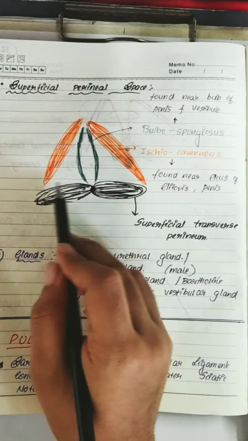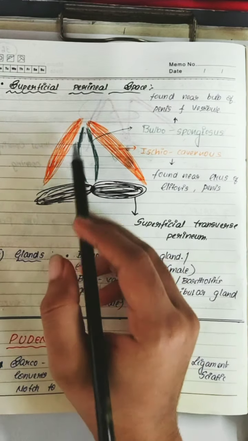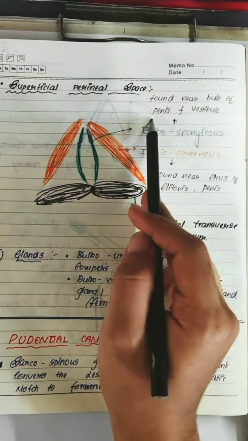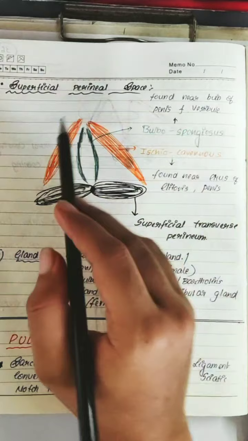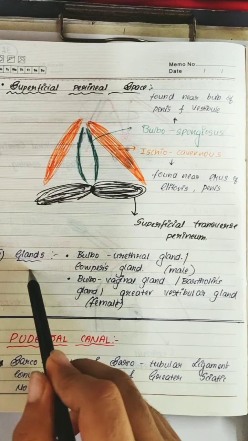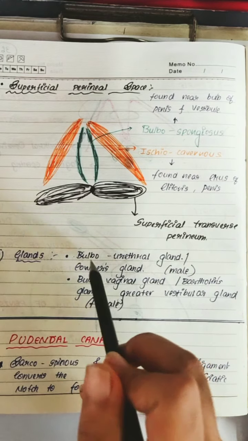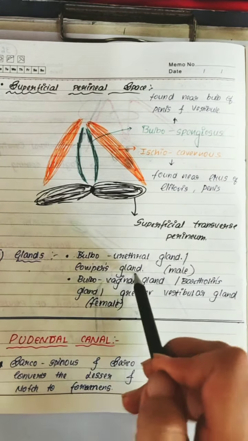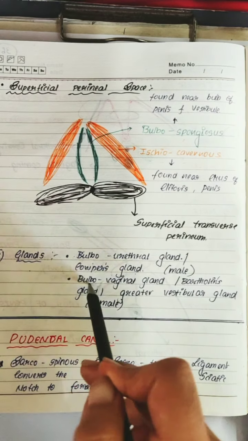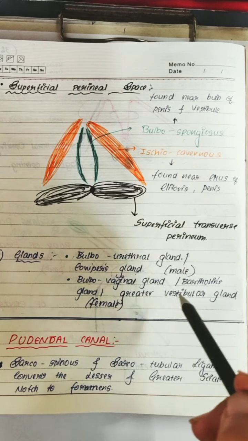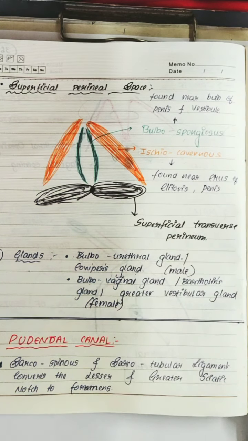So superficial transverse perineal muscle, bulbospongiosus muscle, which is found near the bulb of penis or the vestibule in both male and female. So there is ischiocavernosus. The glands present in male are the bulbourethral gland or Cowper's gland. In female, you can see the bulbovaginal gland or the Bartholin's gland or the greater vestibular gland.